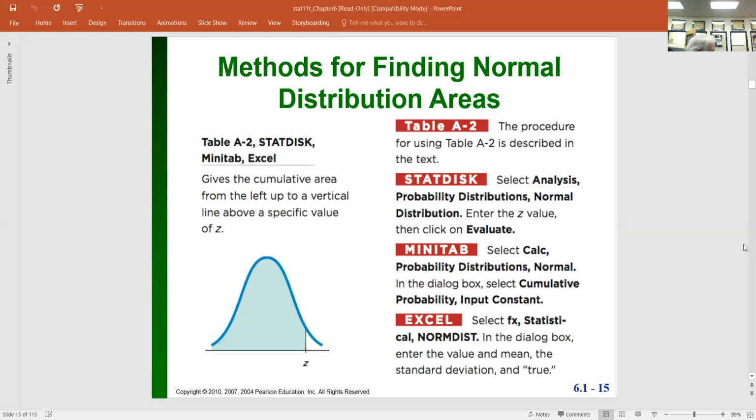Interpolation is merely the ratio of the difference in the z-scores to the difference in the probability scores. As I said, the probability score here was 0.0005. That's the difference between 9778 and 9783.